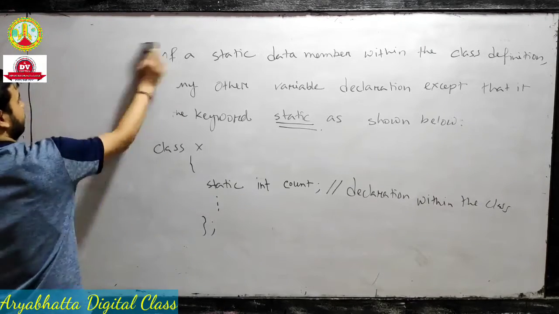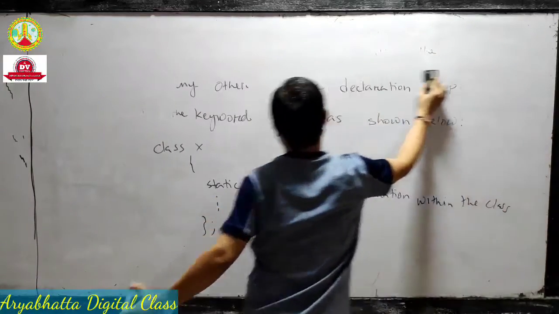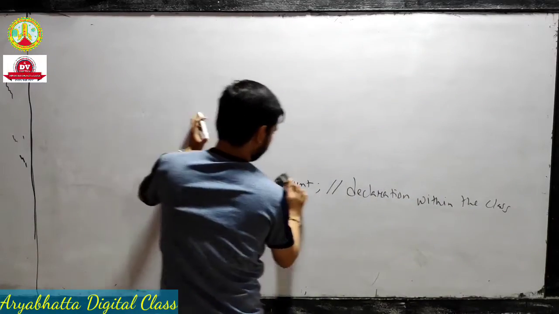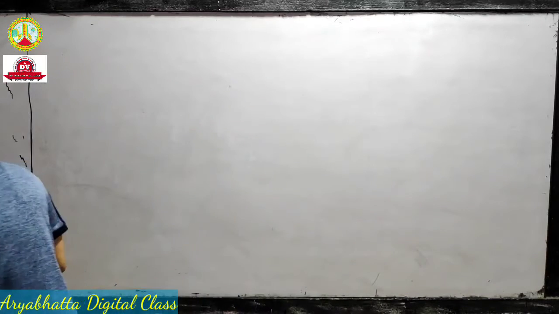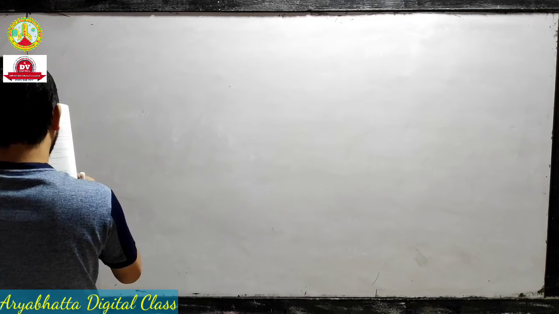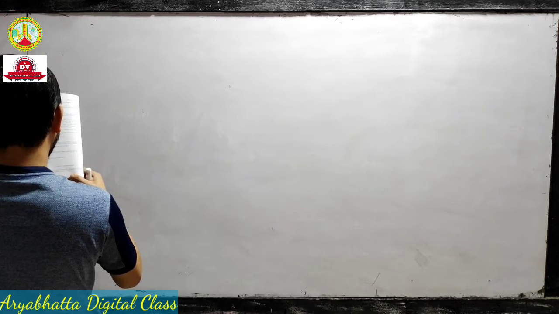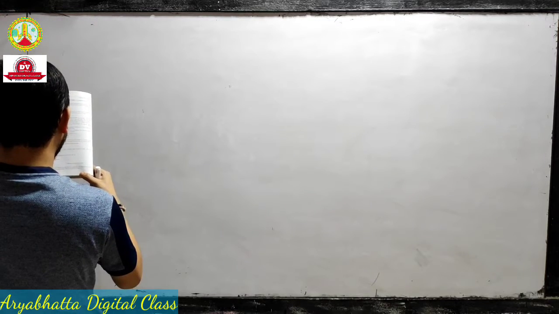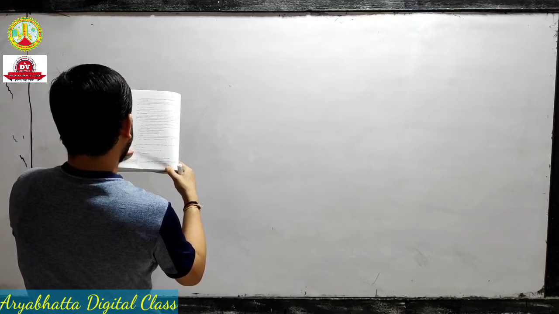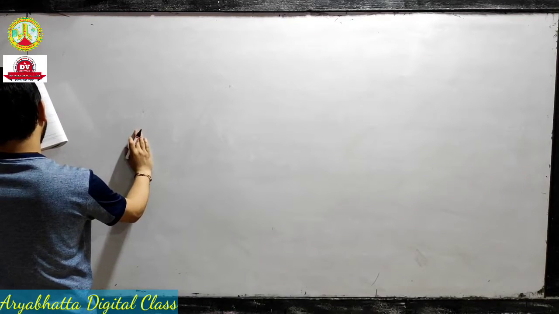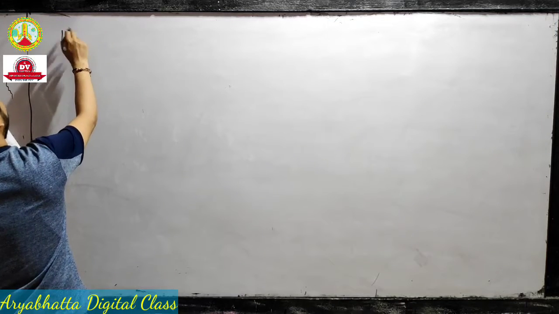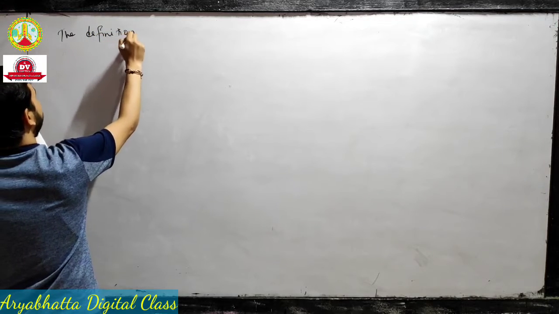After this you write down, okay. The definition of the above declared static member count outside the class will be as follows. Okay, you write down the definition.